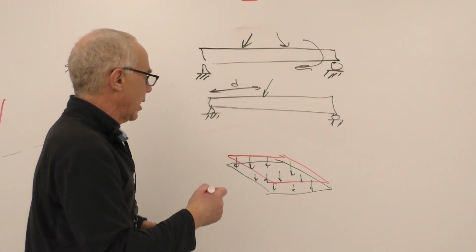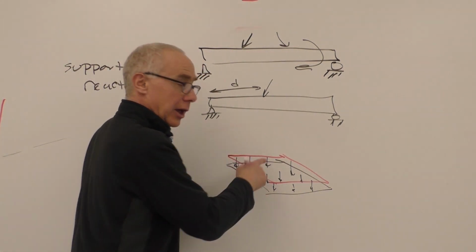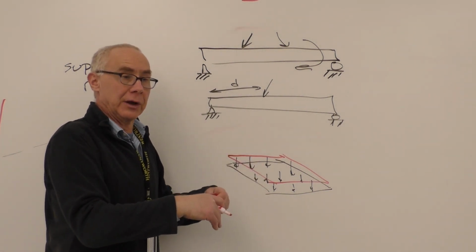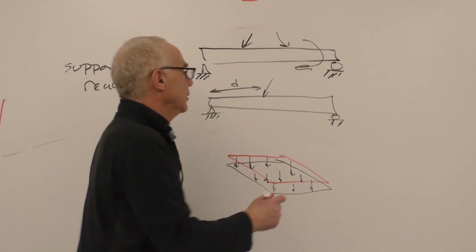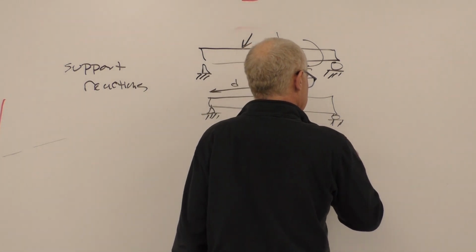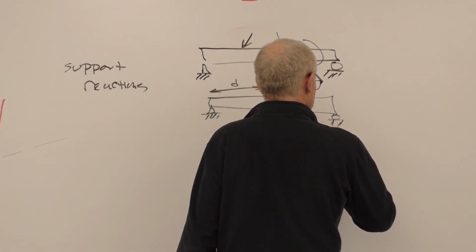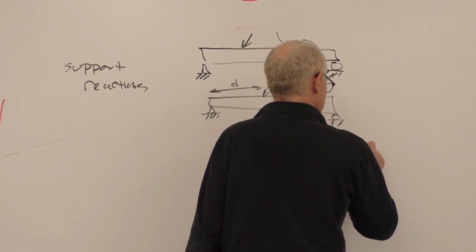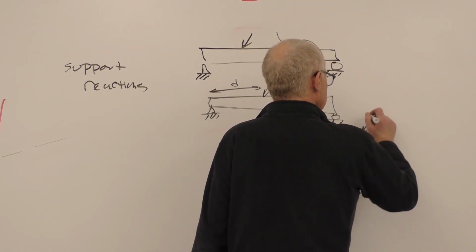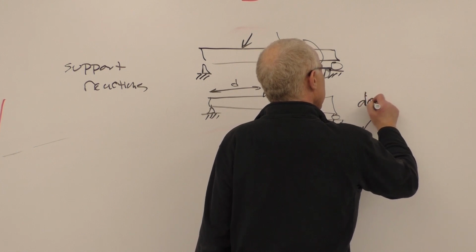We're going to call that height, that downward force, essentially a force per unit area, and we're going to represent that as p(x, y).